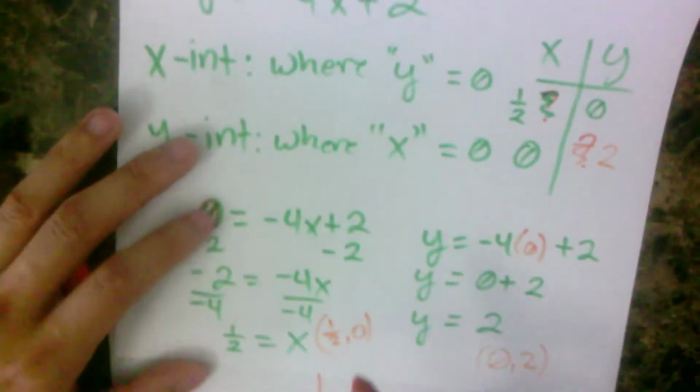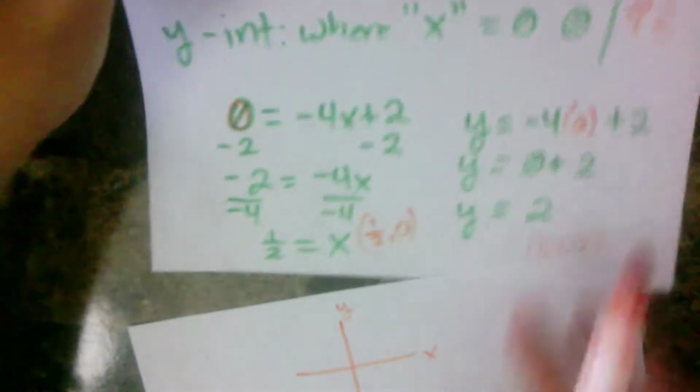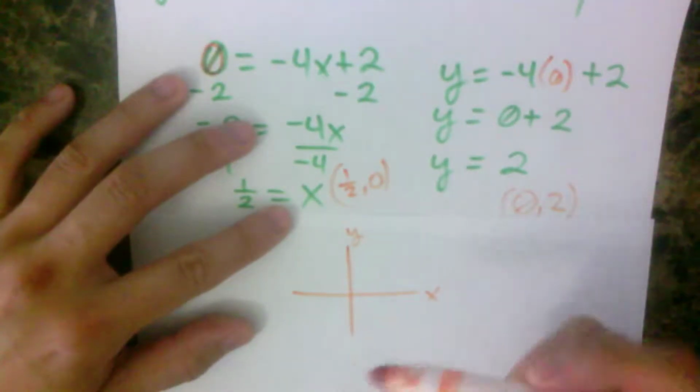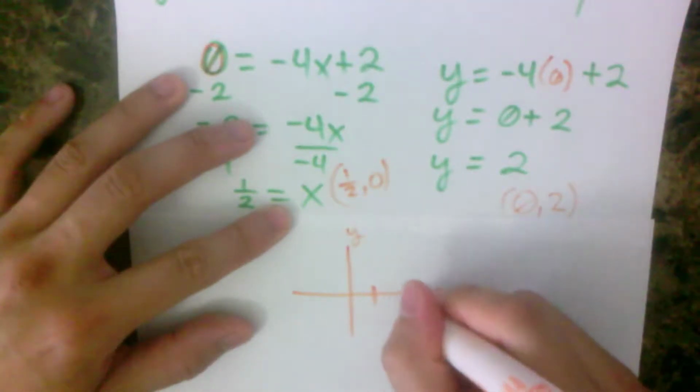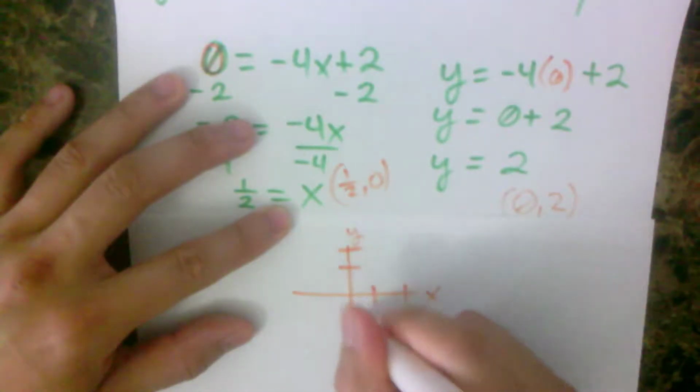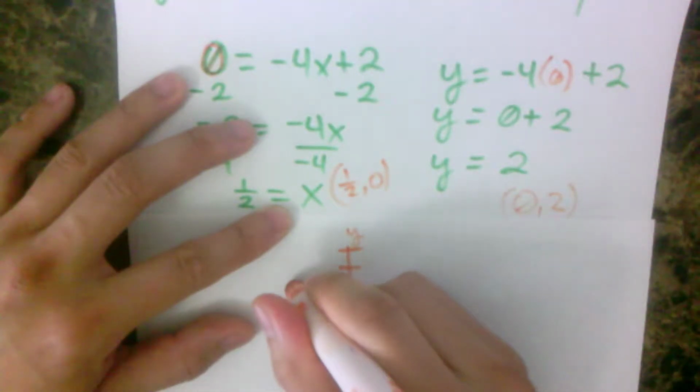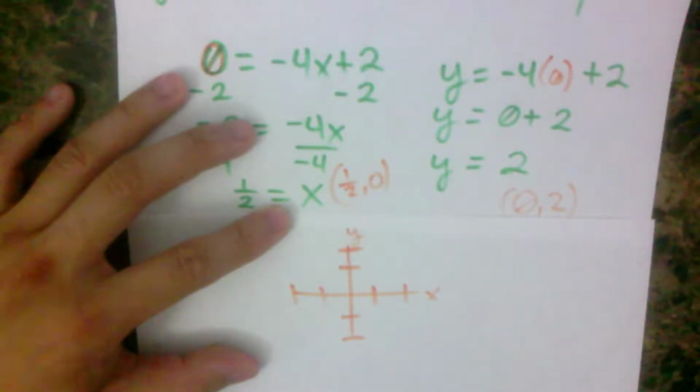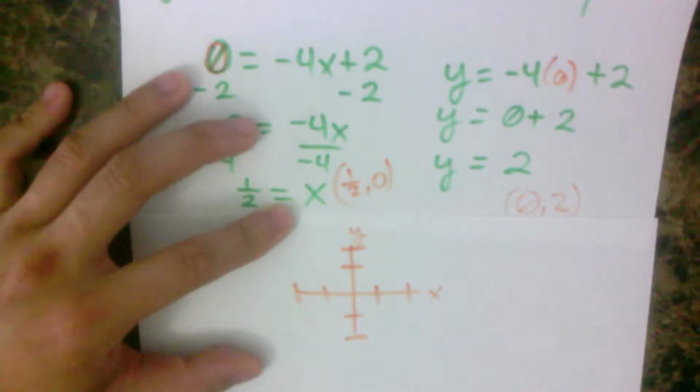What you're going to do on your graph is graph those 2 points. What were those 2 points again? 1/2 comma 0. You'll notice that 1/2 is kind of annoying to graph.